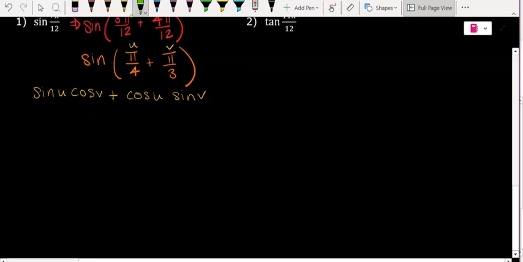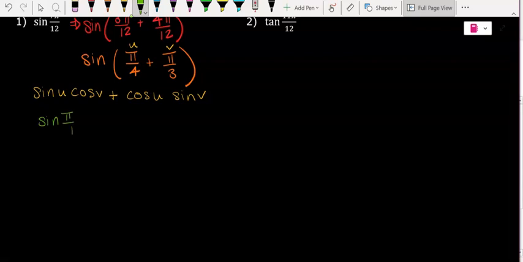Okay, so sine u, so I would do sine of pi over 4 times the cosine of v, which is pi over 3, plus the cosine of u, which is pi over 4, times the sine of v, which is pi over 3. And now I'm going to take each one of these values and replace them with the exact values that I have on my unit circle.